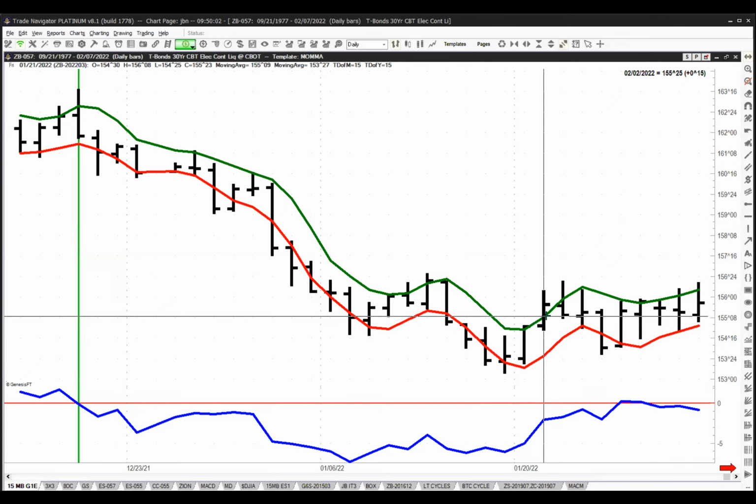And one more question is how you calculate the momentum. Momentum is very simple. So for example, if the closing price today is 10 and the closing price 10 days ago was 20, the momentum is minus 10. The 10-day would be minus 10.